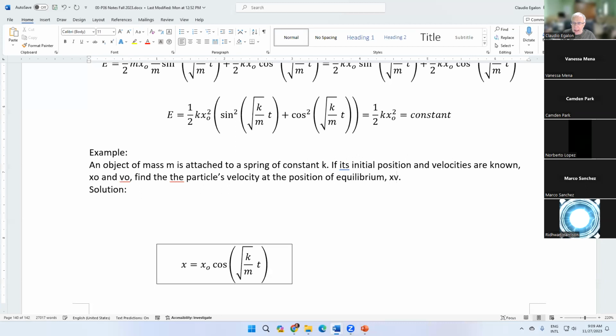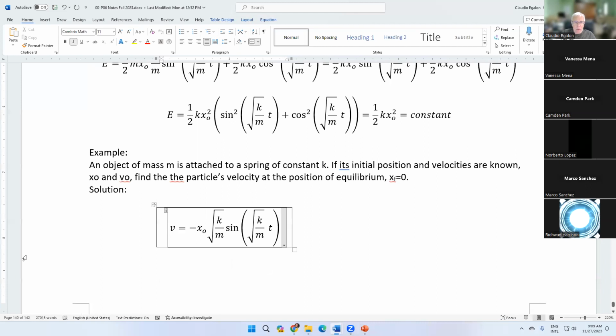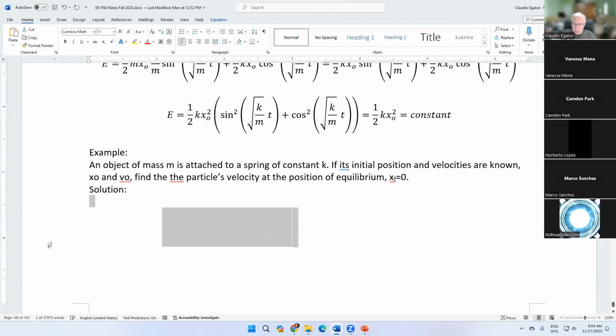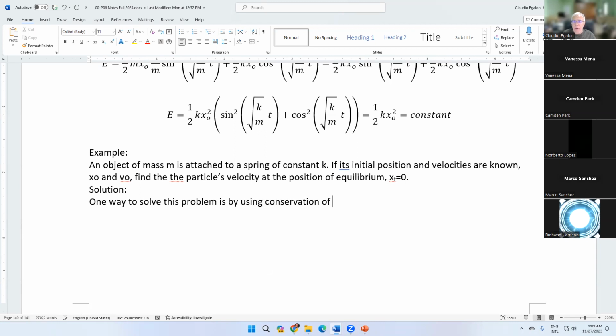Would be xf is equal to 0. That's what position of equilibrium is all about. So all we have to do, one way to solve this problem, okay? One way to solve this problem is by using conservation of energy.